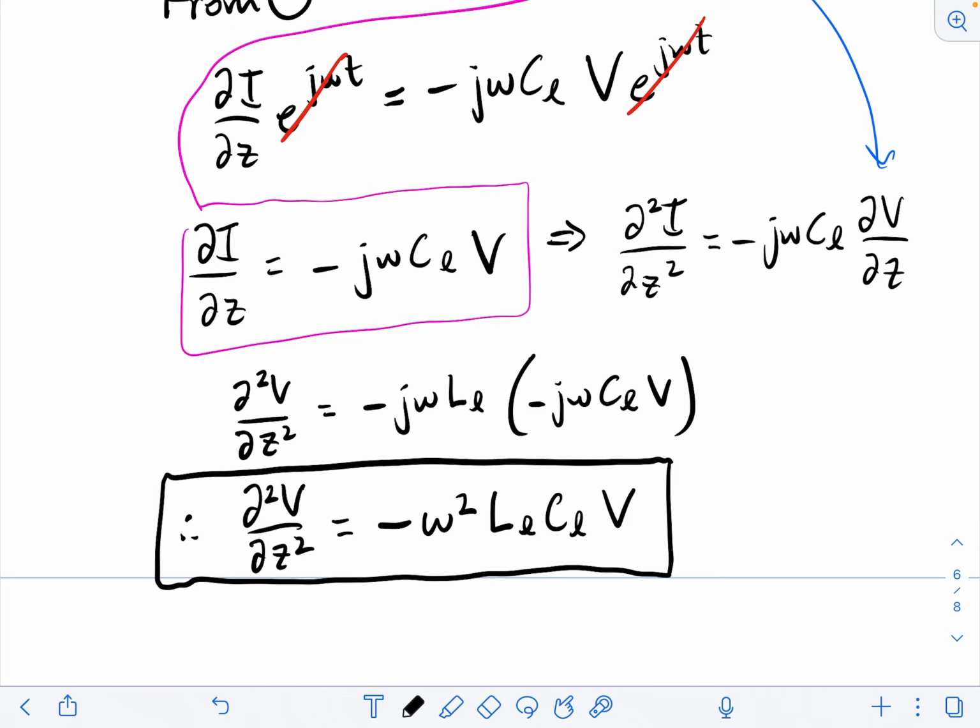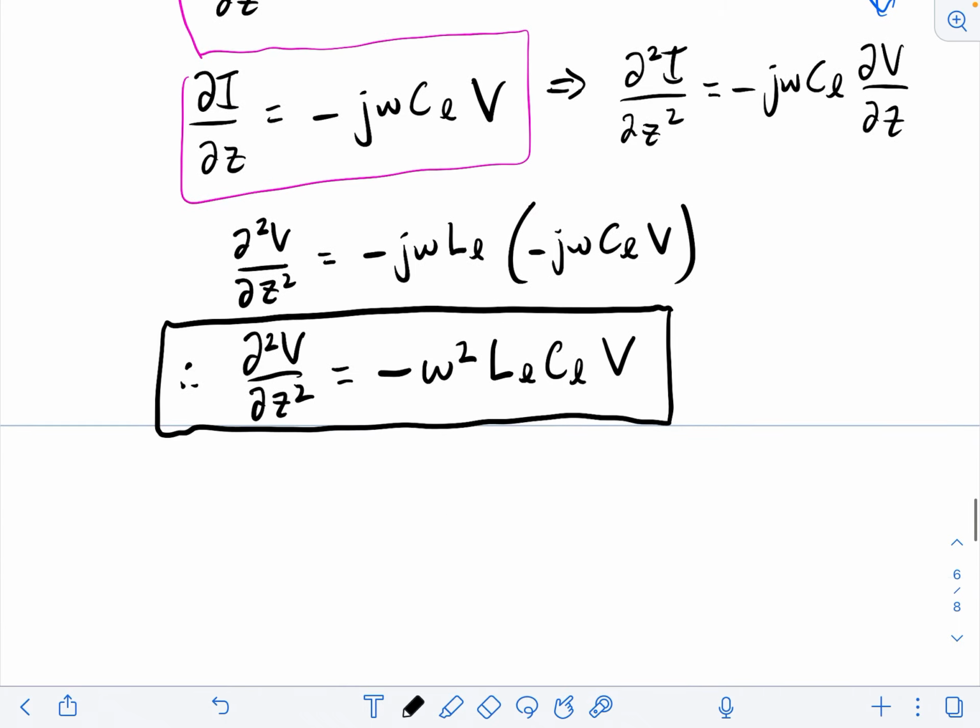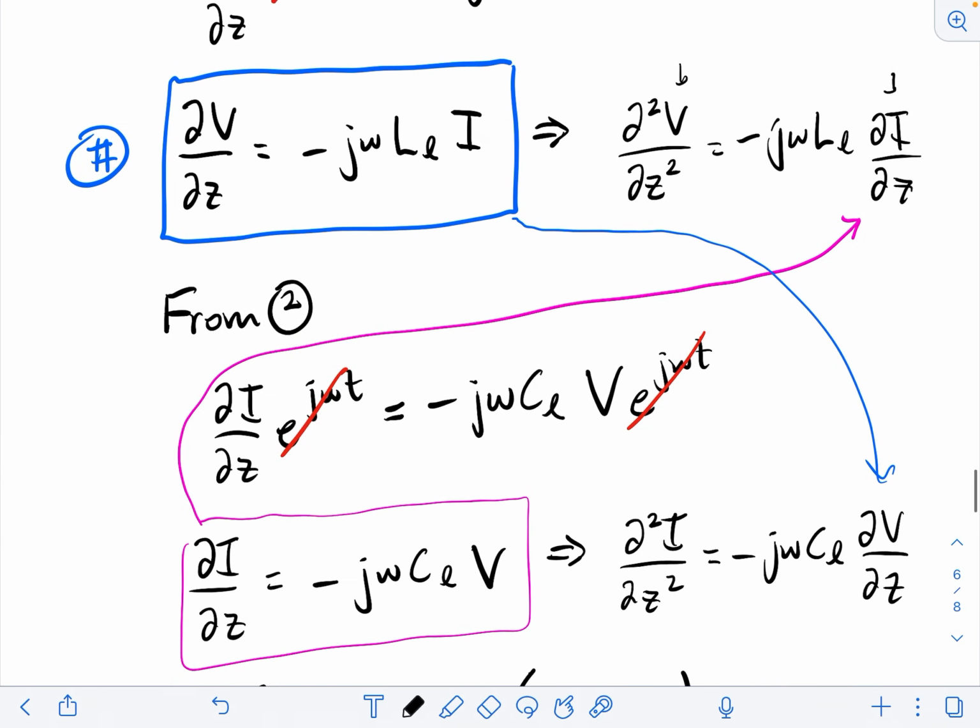All right, we could do the same thing with the second equation. We could say d2i dz2 is equal to minus j omega capacitance per unit length. And then we have to look up dv dz from above, from the number sign equation.